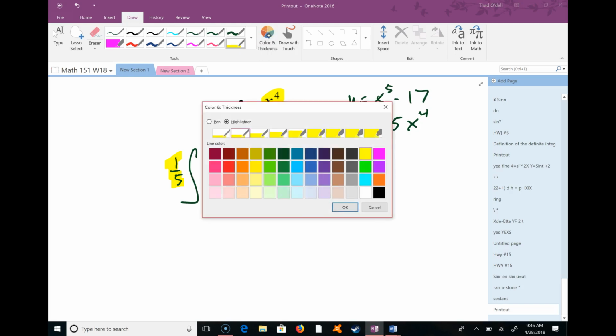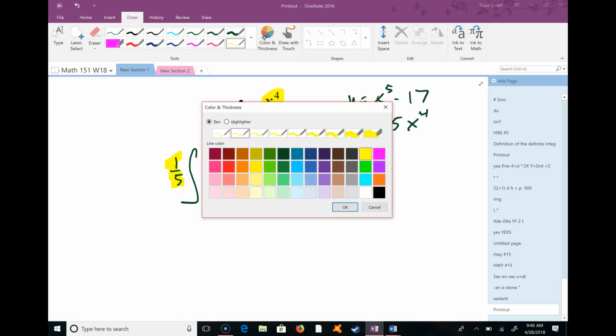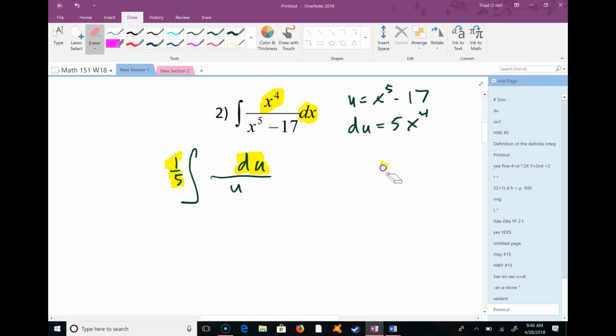Or even maybe to make it even clearer, what we're suggesting is 1/5 of du is equal to x to the 4th dx.